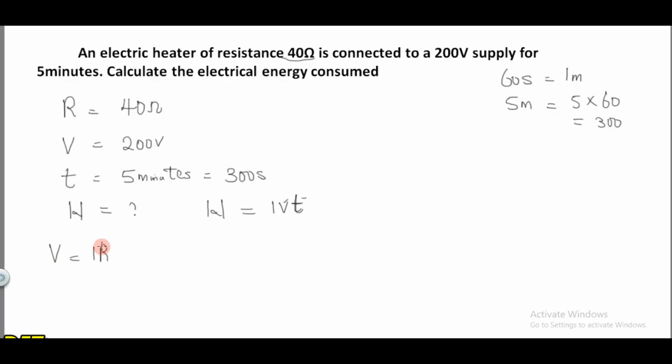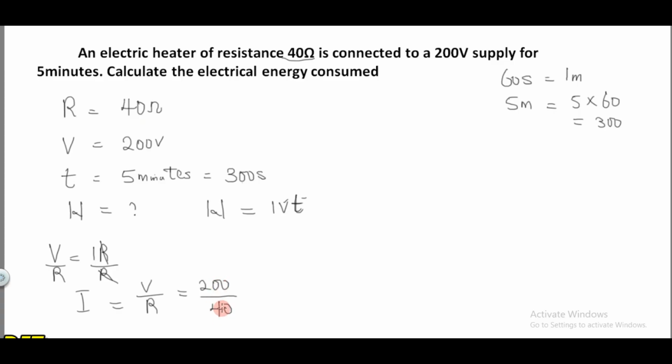So if V is equal to IR, to make I the subject of the formula, I will divide both sides of the equation by the coefficient of I, which is R, so that this R can cancel out this R. So my I will be equal to V over R. My V in this question is 200 volts, over the resistance, which is 40 ohms.